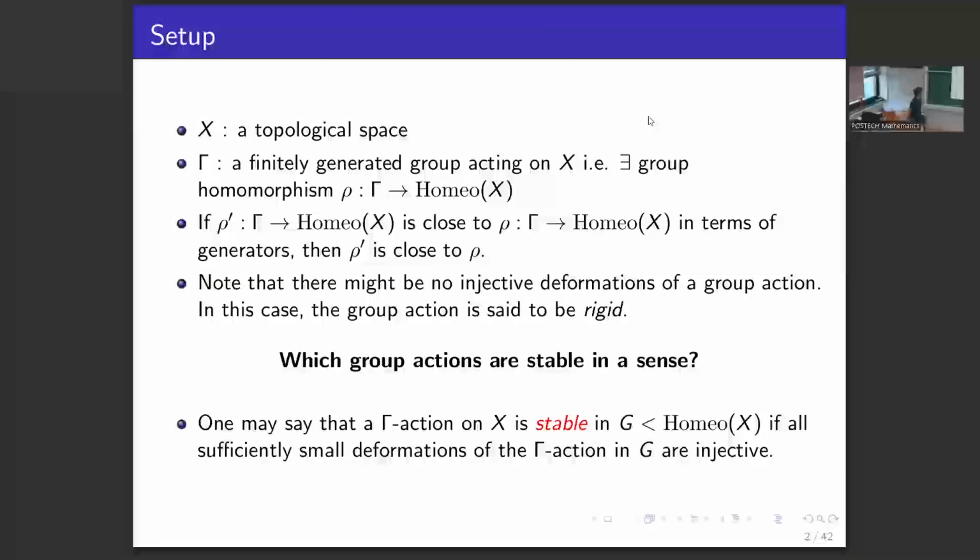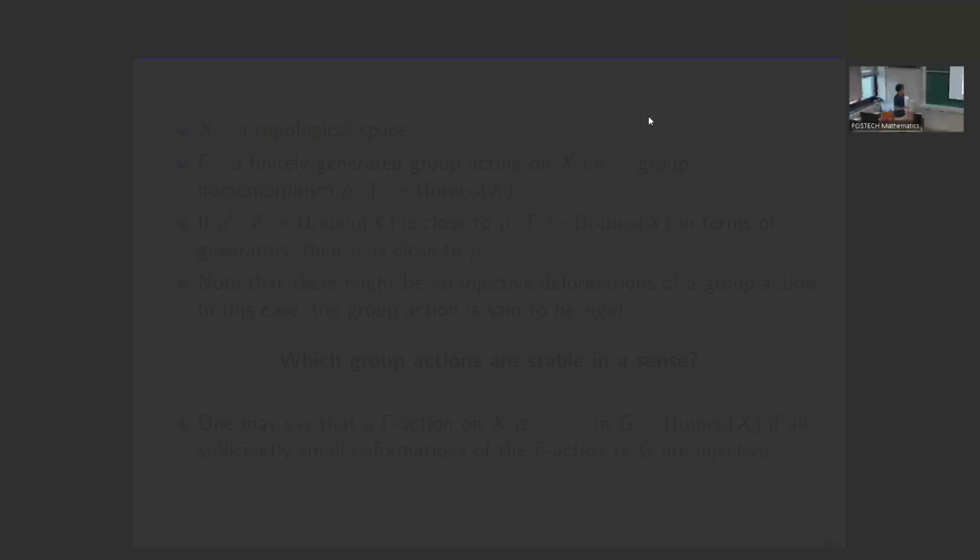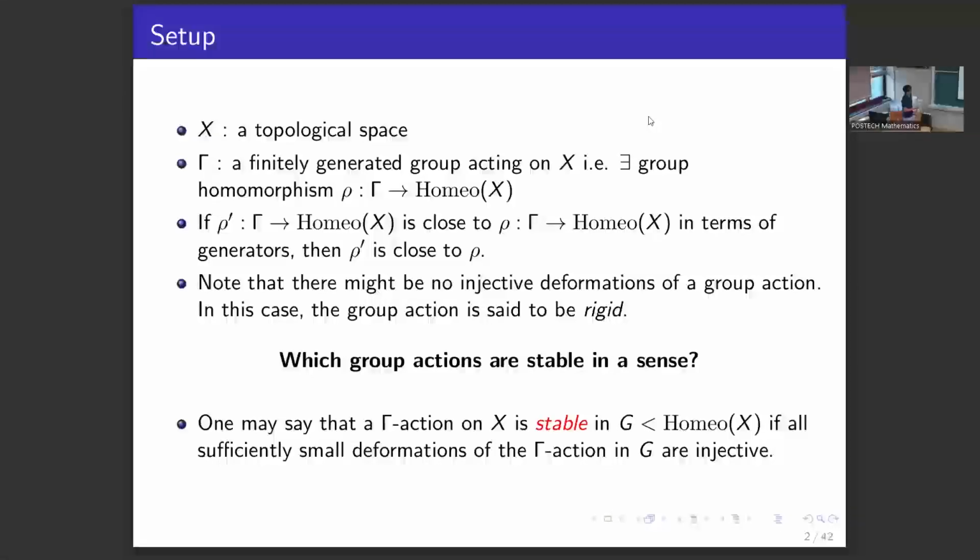Throughout my talk, X is going to be a topological space, and gamma is a finitely generated group acting on X by homeomorphisms. Just think of it as a group homomorphism of gamma into the homeomorphism group of X. You can topologize the group actions on X by using a fixed generating set of gamma, and then you can easily see that rho prime, another action, is close to the original action.